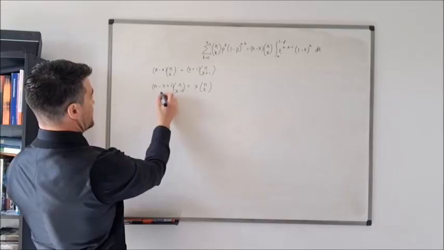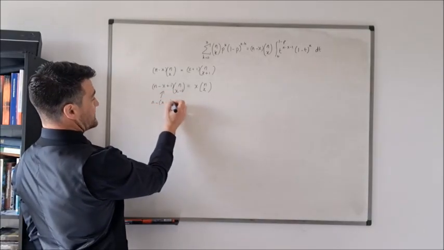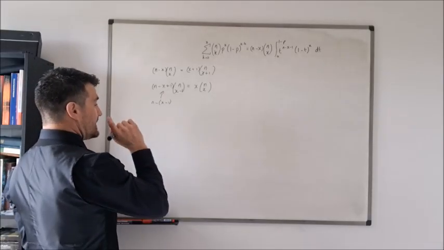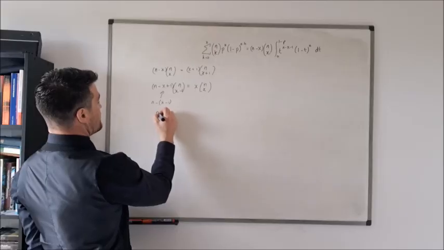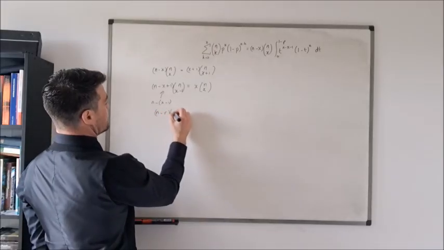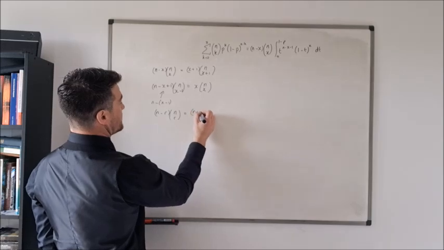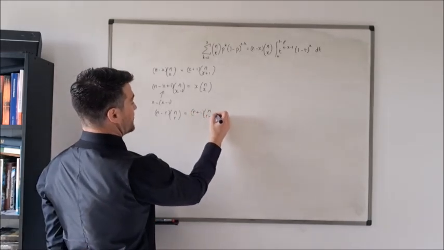Okay, so notice here that the n minus x plus 1 is n minus x minus 1, just to be clear. So in general, what we have is that n minus r times n choose r is equal to r plus 1 times n choose r plus 1.